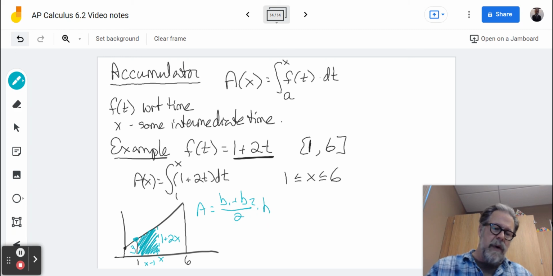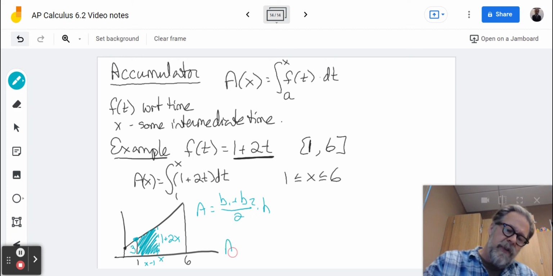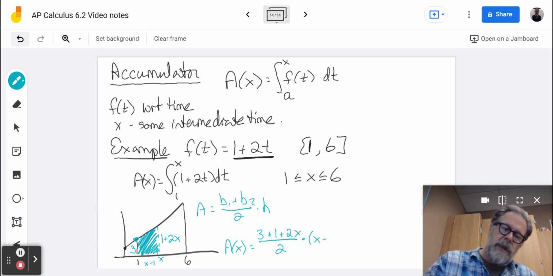Our trapezoid here is on its side, so A of x is going to be equal to 3 plus 1 plus 2x divided by 2 times the height, which is x minus 1. Doing a little simplification, we see that this is x plus 2 times x minus 1. And we can multiply this out to get x squared plus x minus 2.